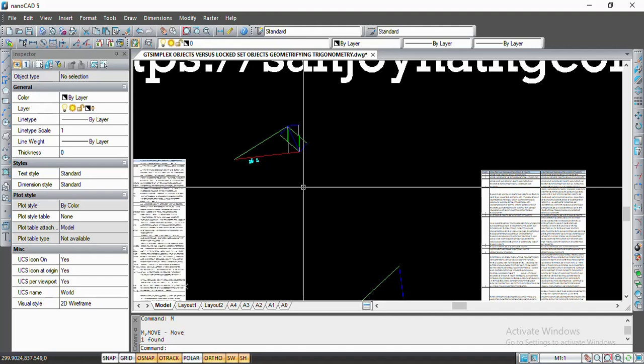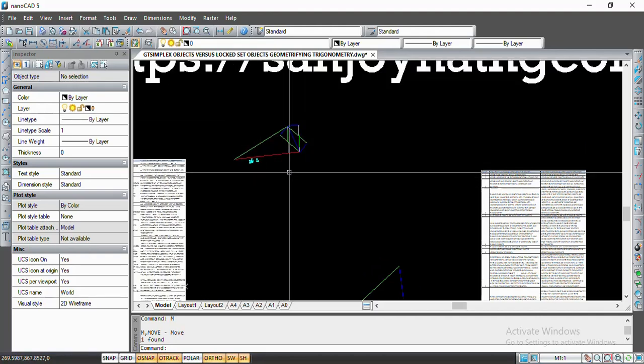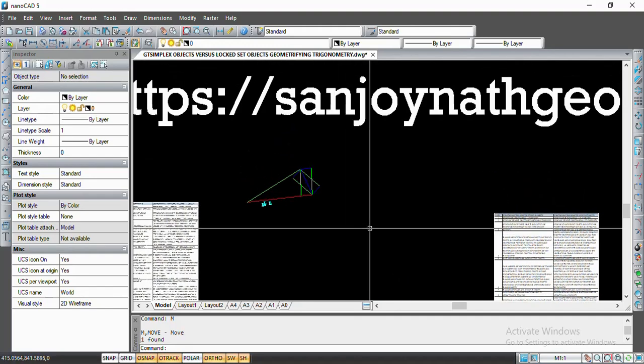of all this bunch of line segments is a bigger subject than classical trigonometry, because in classical trigonometry we discuss only one triangle or two triangles at a time, but in geometrifying trigonometry we take care of the school level problems of trigonometry with more detail and with all more symmetries considered at every step.